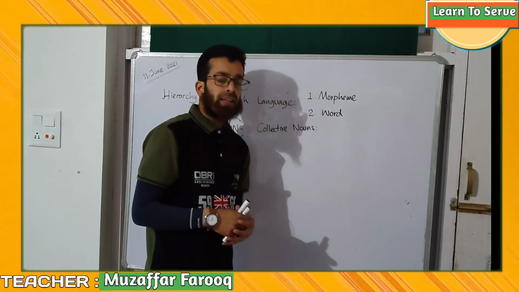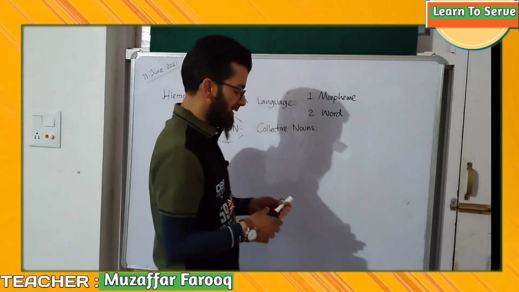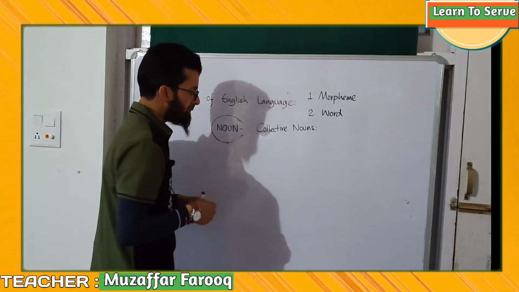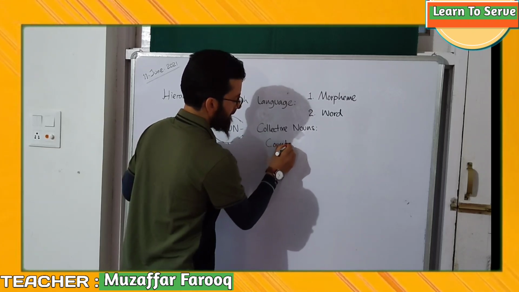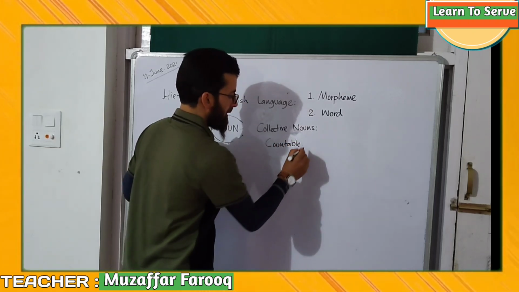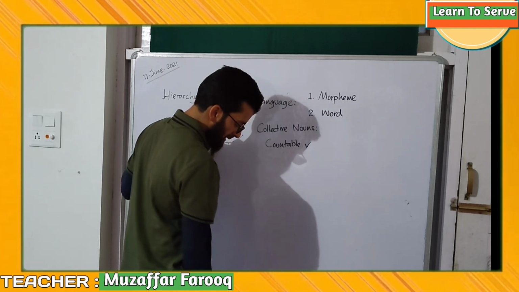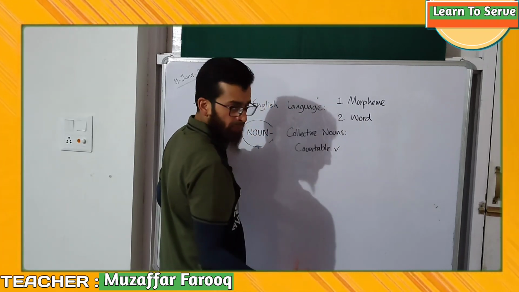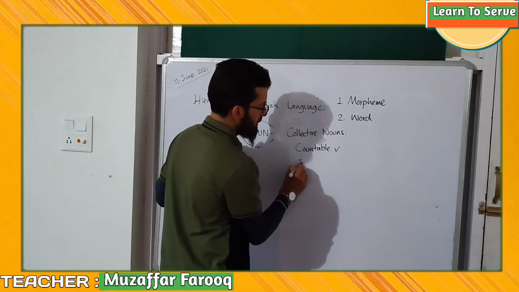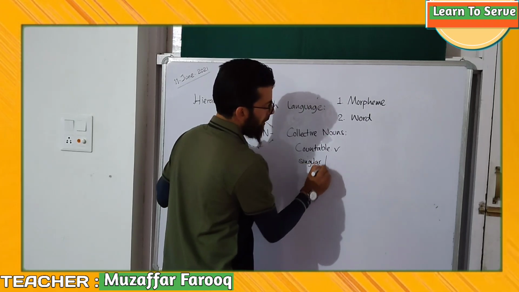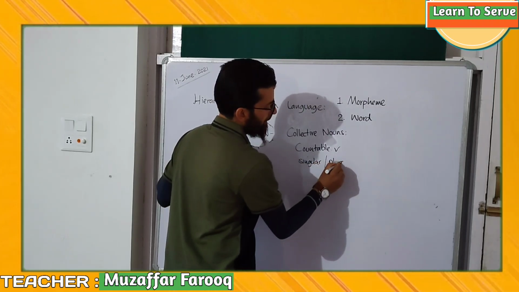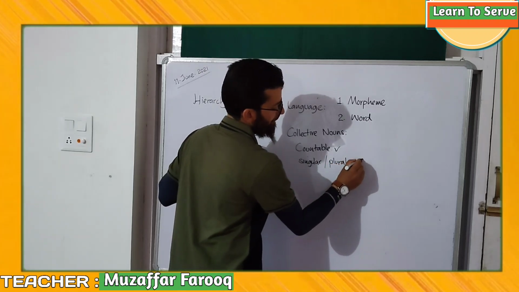Now we have some features of collective nouns. For example, collective nouns are countable, and collective nouns can be followed by singular or plural verbs.